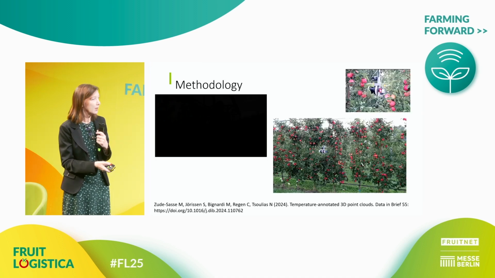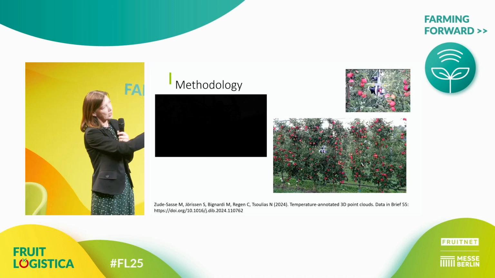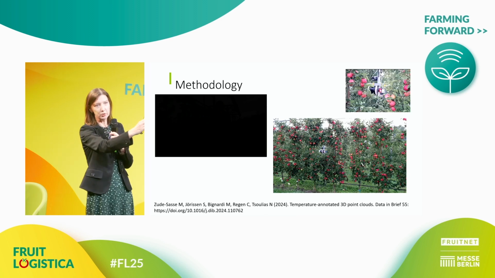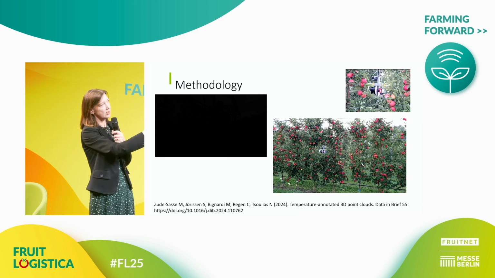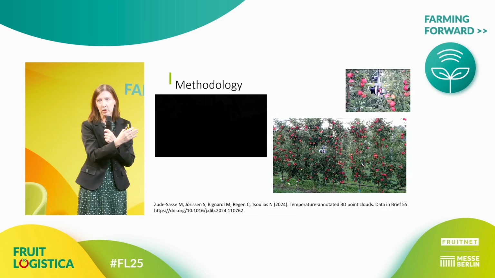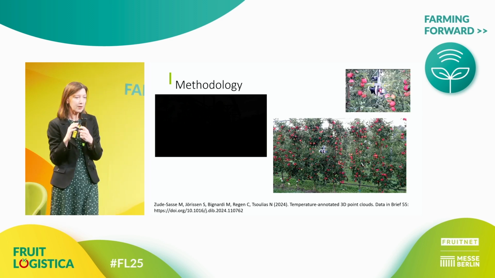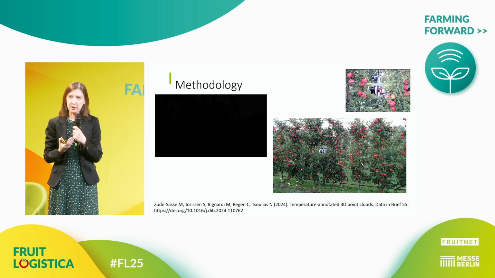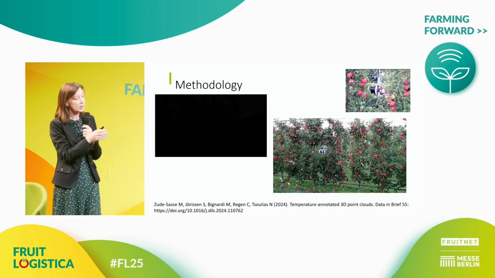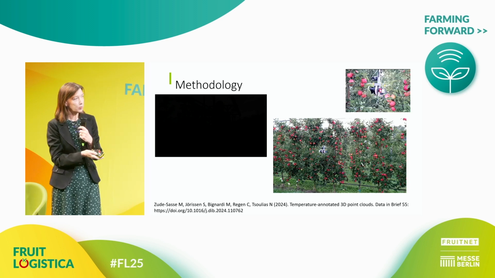All right, well, you would see on the right side how the sensors are moved along the trees. There is this laser scanner, and then there's also a thermal camera. We fuse those data, and by having the geometric information from the laser scanner, we glue the thermal information from the thermal camera to it and get the 3D information of the temperature distribution.